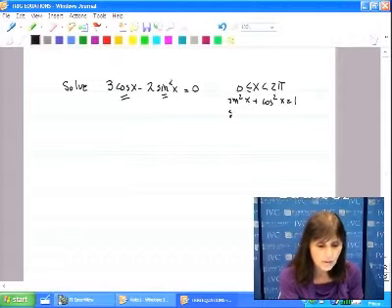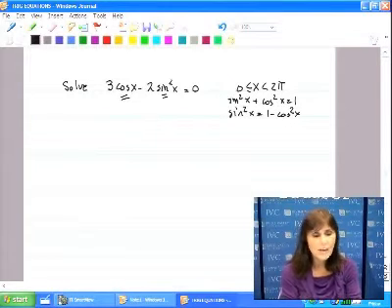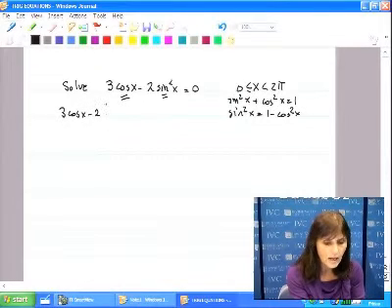So that means sine square is going to be 1 minus cosine square. I somewhat know where I'm going with this, because that way I will have a 3 cosine x minus 2. Instead of sine square, I'm going to put 1 minus cosine square.